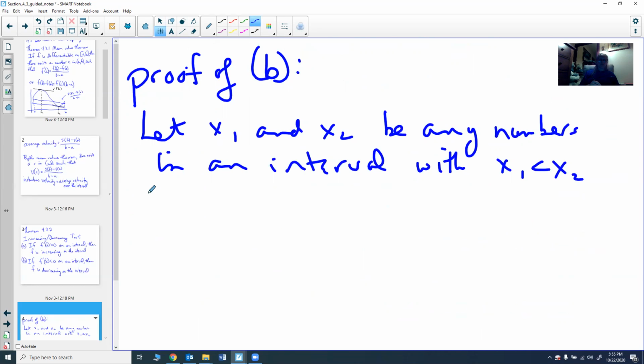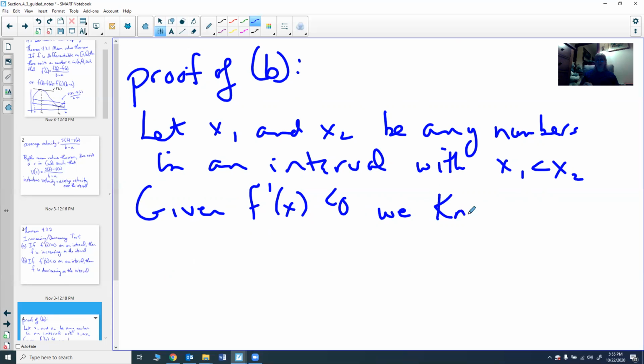So given f prime of x is less than 0, we know that the function is differentiable, because we are given that there's a derivative and it's less than 0.